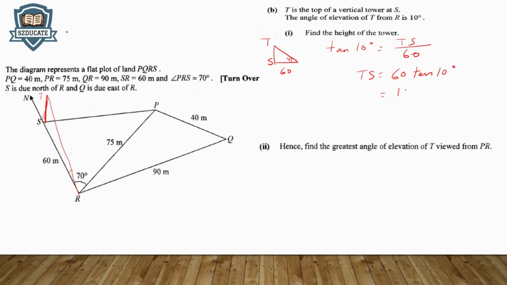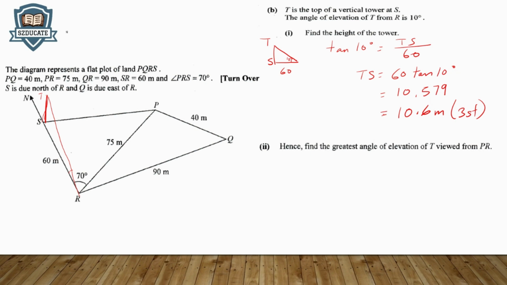Press your calculator, you'll get 10.579. Okay, round off to 3SF, 10.6 meter because it's a length. This is 3SF. So now last part, we want to find the greatest angle of elevation.